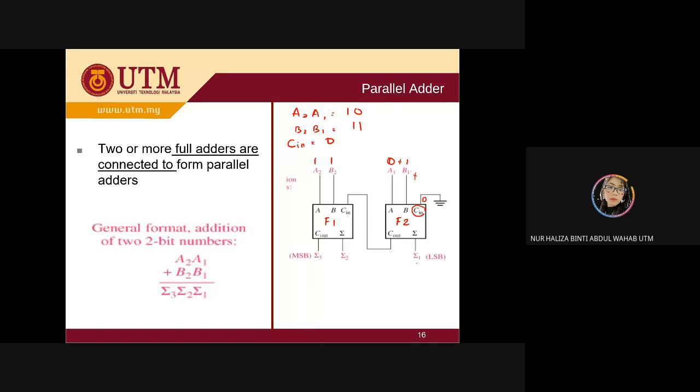Then you're going to have sum 1. Your carry will be 0. 0 plus 1 plus 0 at this side. This will be your input. You add, you're going to have 0 and 1 and also 0 for carry.